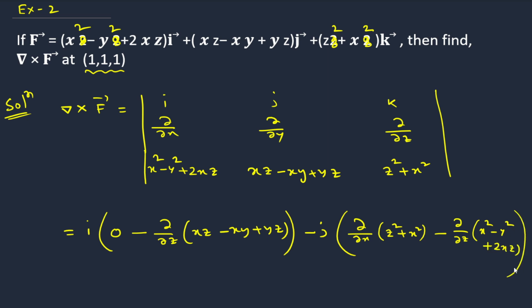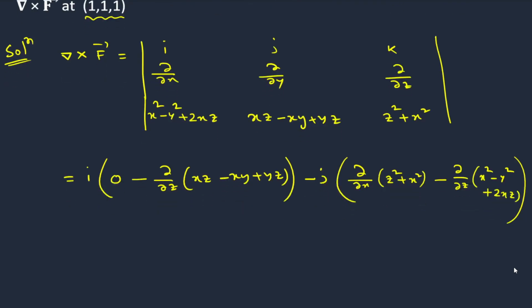Okay, so the calculation part you do very carefully, because if there is one mistake then it's very difficult to find it. Now k cap into, this row and this column vanish.